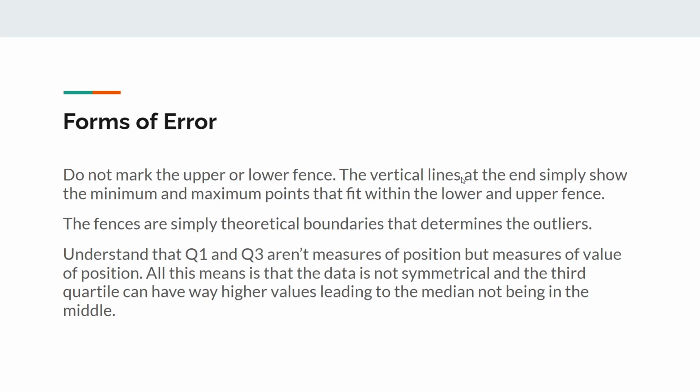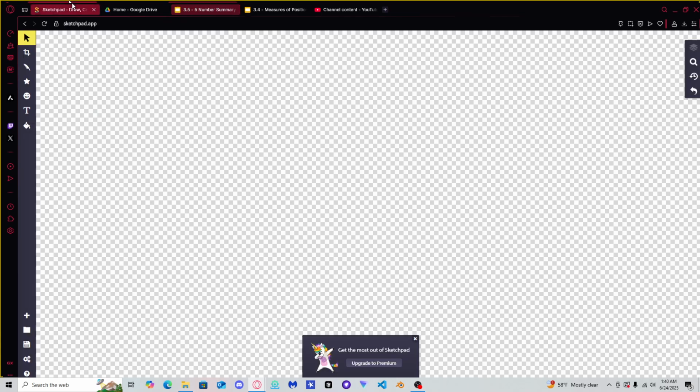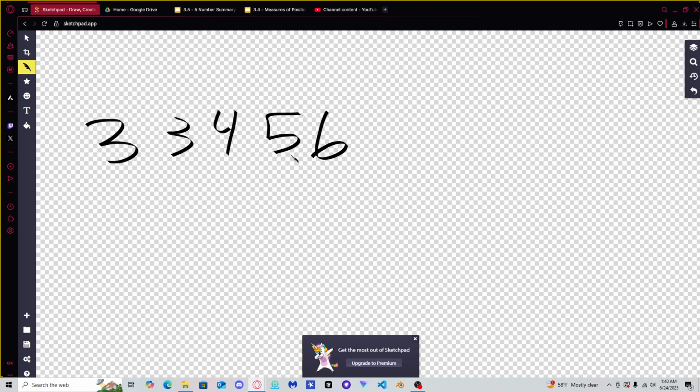And we have to understand that quartile 1 and quartile 3 aren't measures of position, but measures of value of position. So I'll show this in Sketchpad over here. So imagine a data set of 3, 3, 4, 5, and 6. Or actually, let's make it a little bit more skewed to the right. Like that.